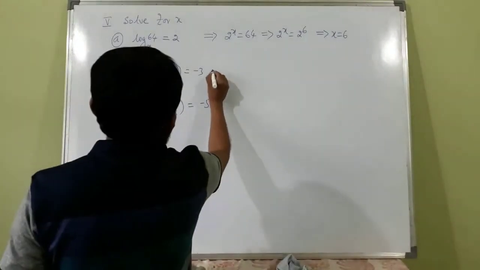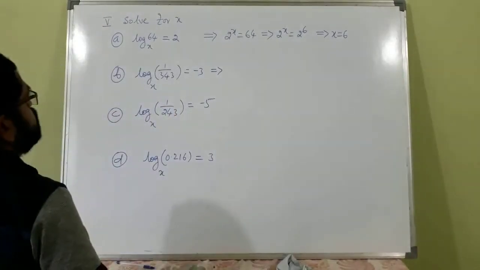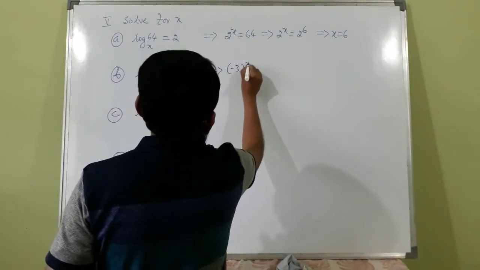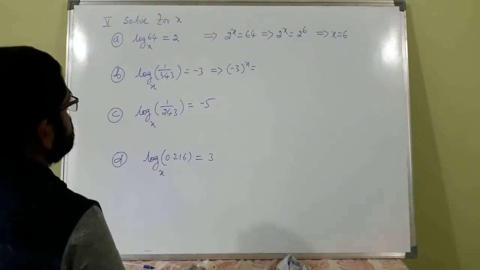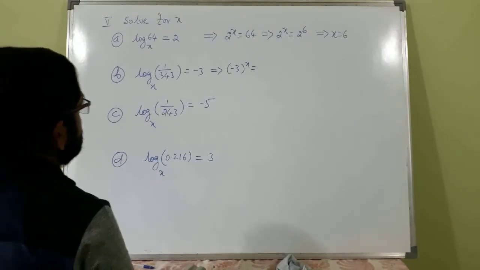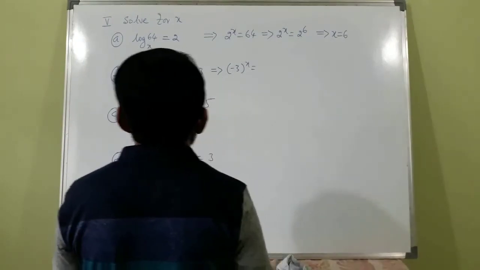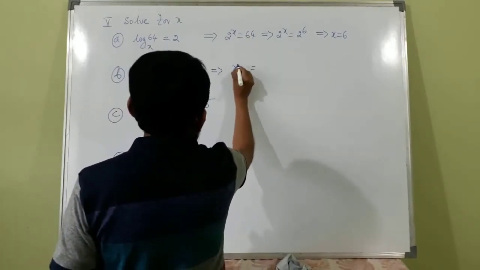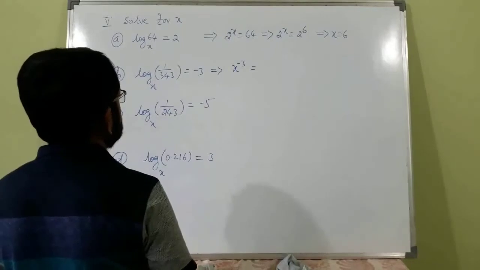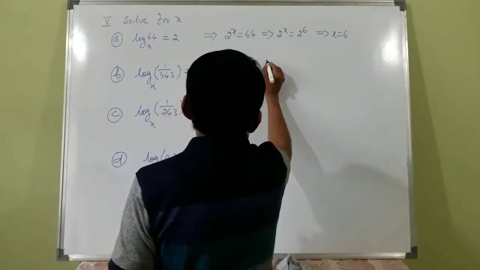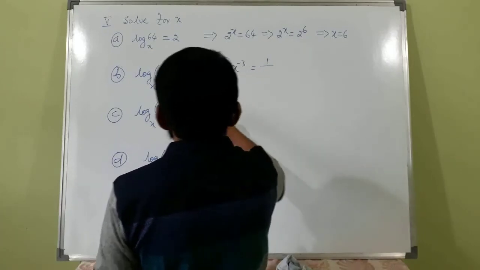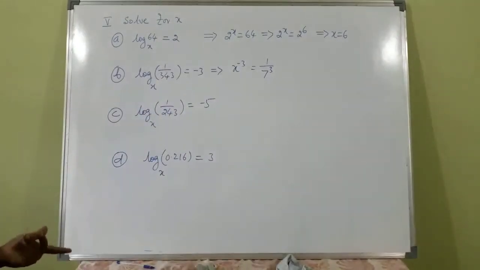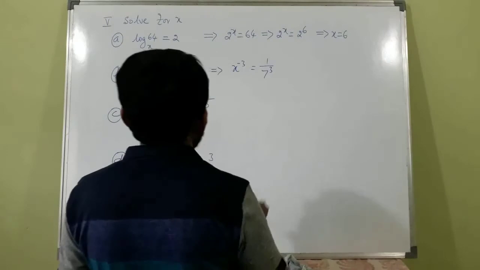Similarly here, this implies x raised to minus 3 is equal to 1 by 7 raised to 3. 7 into 7, 49 into 7 is 343.